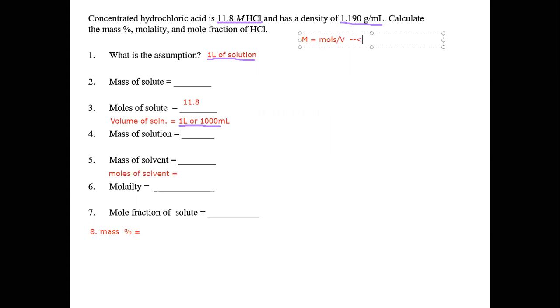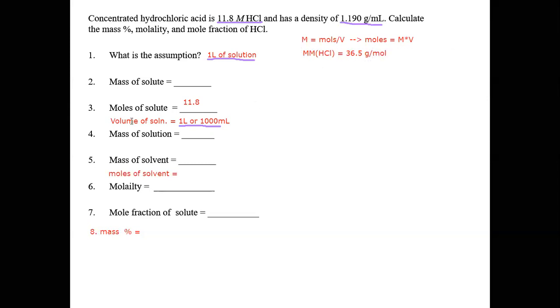So moles equals molarity times volume. Since our volume is 1 liter, our molarity is 11.8, we know the moles of solute. So if we know the moles of solute, we can use the molar mass of HCl to find the mass of solute. So the molar mass is 36.5 grams per mole.